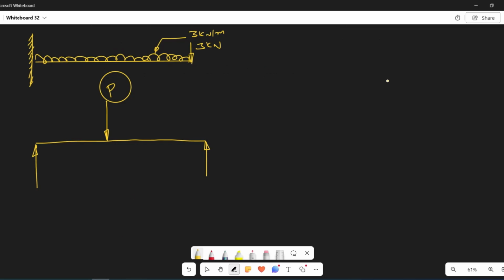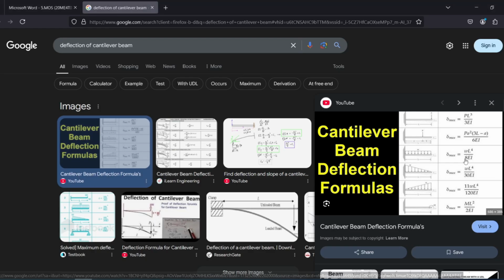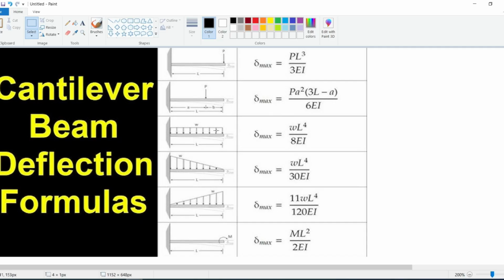So what we are going to do: deflection of the cantilever is the deflection due to the UDL plus the deflection due to the point load. The UDL's deflection is WL cube by 8EI.